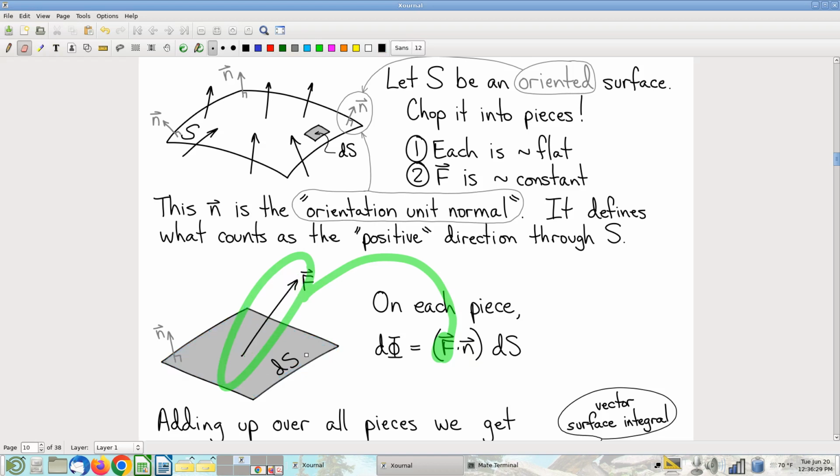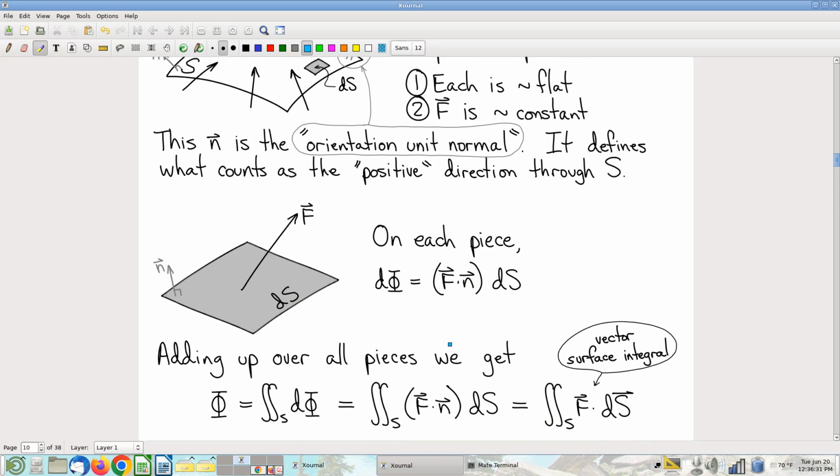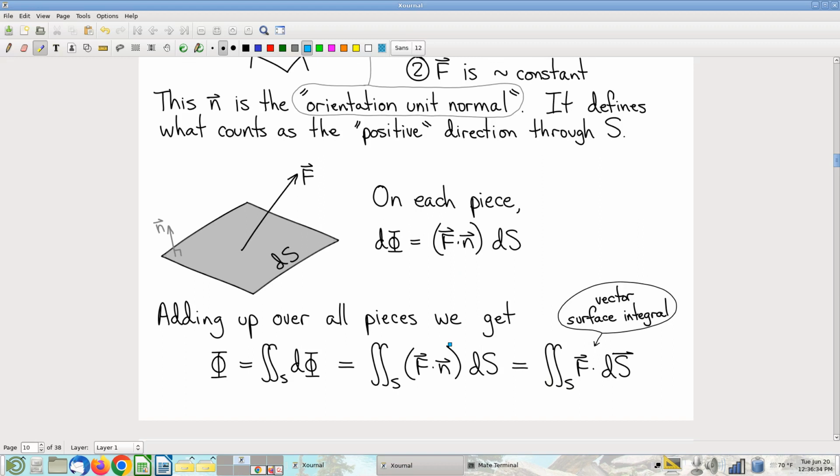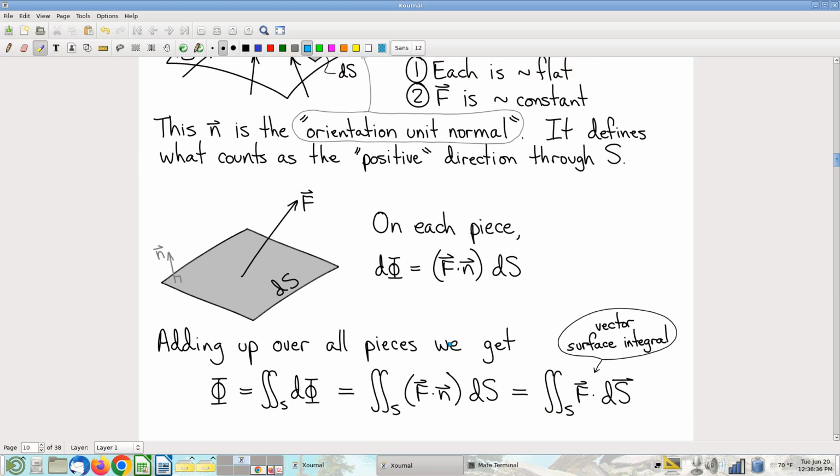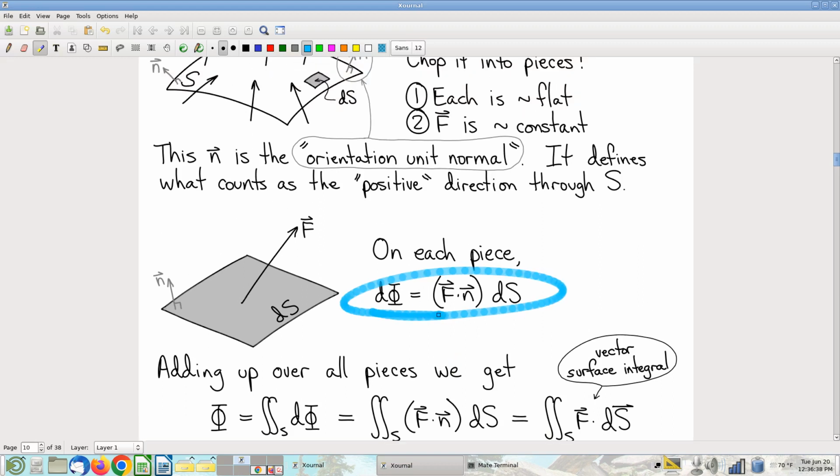Okay. All right, and then let's go ahead and do the added up portion. This right here computes flux on just this one little piece. That's a little differential piece of flux.